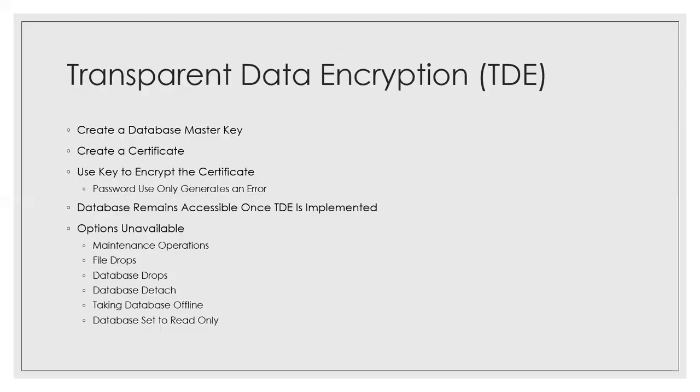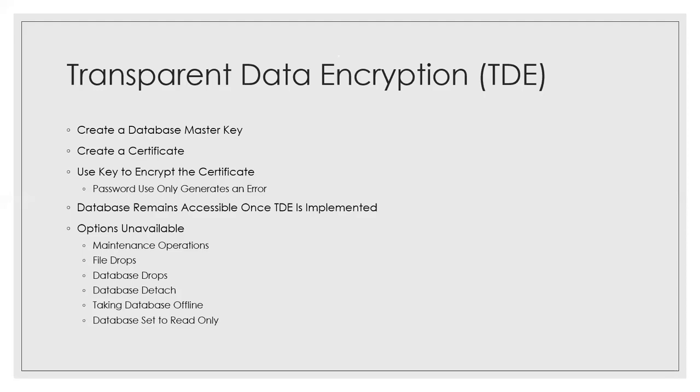So just a really brief description of what transparent data encryption is. It's simply just a technology that's utilized to encrypt database files. So TDE, which is the acronym for that, offers encryption at the file level to ensure that data at rest is protected.